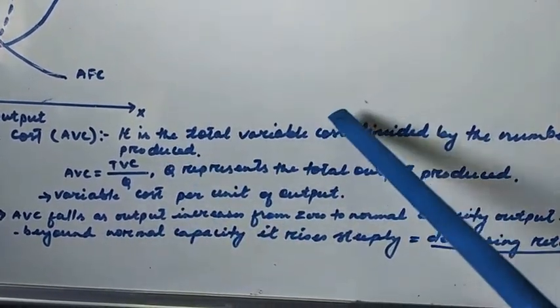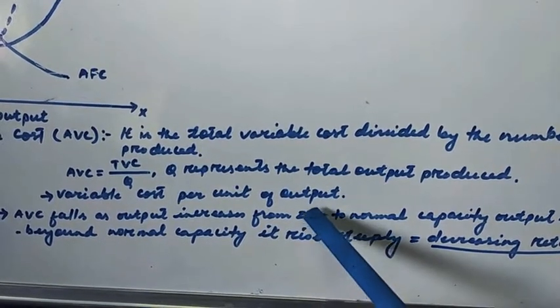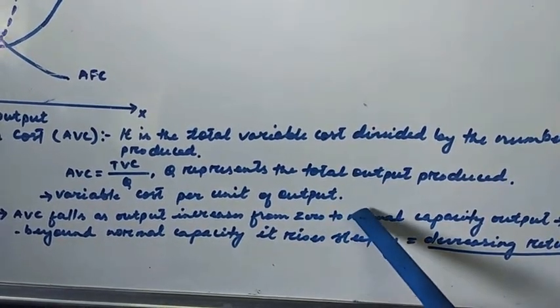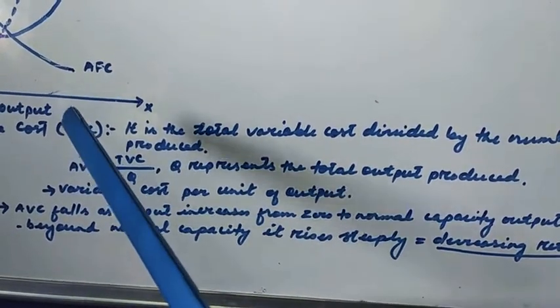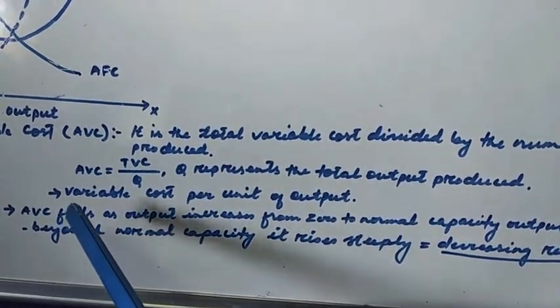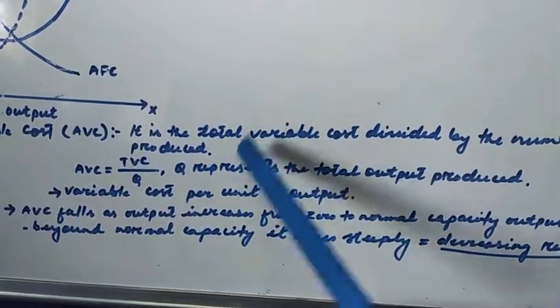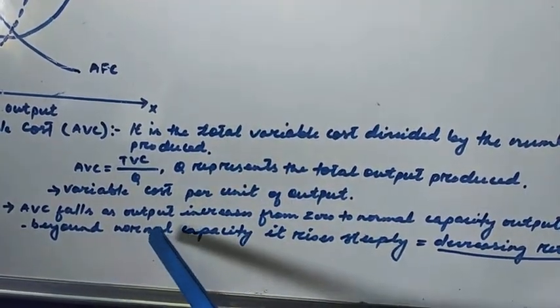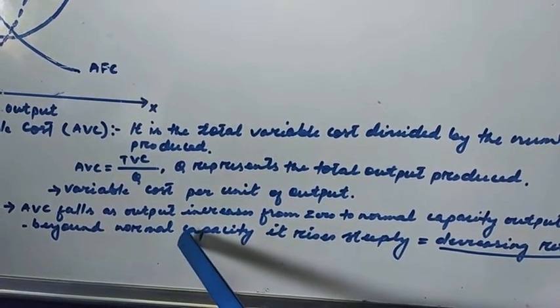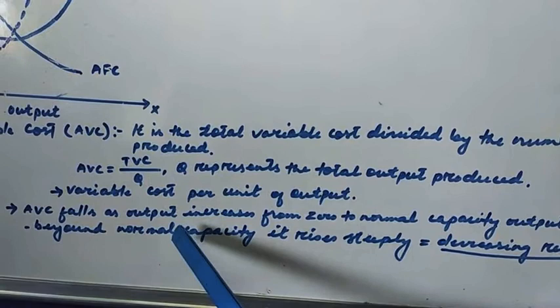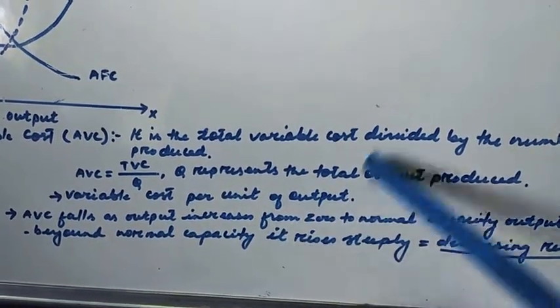When the output is rising from zero to normal capacity output, the average variable cost falls. So in the beginning the average variable cost will fall, but beyond normal capacity, once that level of output has been reached, the average variable cost curve will rise steeply.